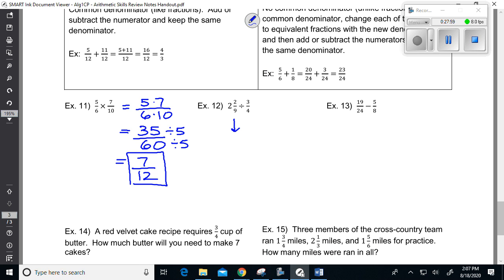So take the 9, multiply it times 2, and then add 2 to the answer. So 9 times 2 is 18, plus 2 is 20. I believe this was one of the types of problems on the homework from yesterday. So you have 20 over 9 divided by 3/4.